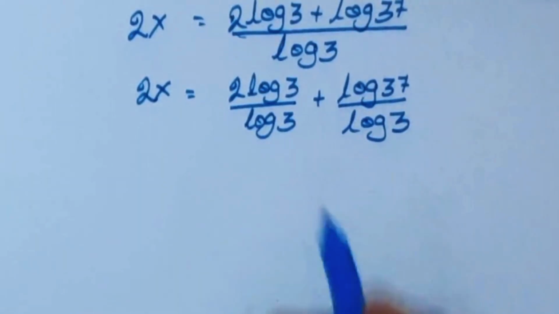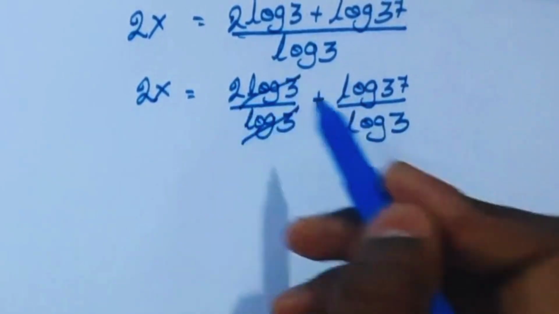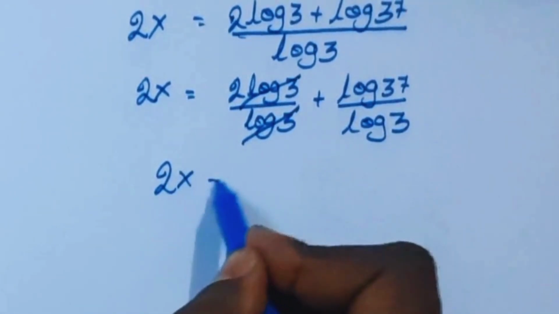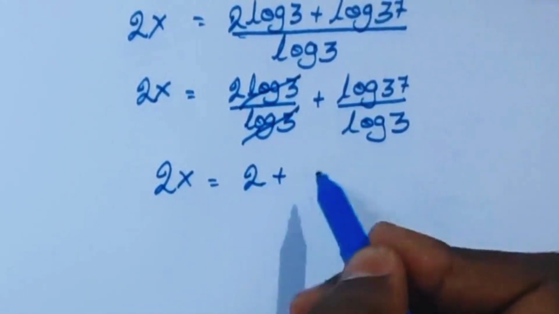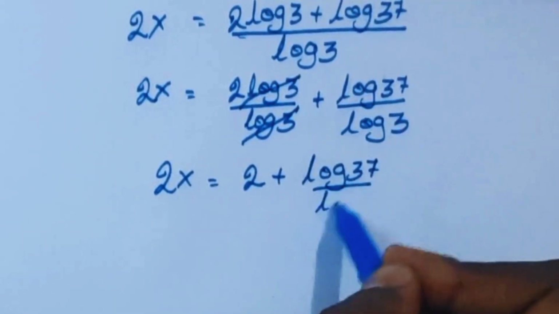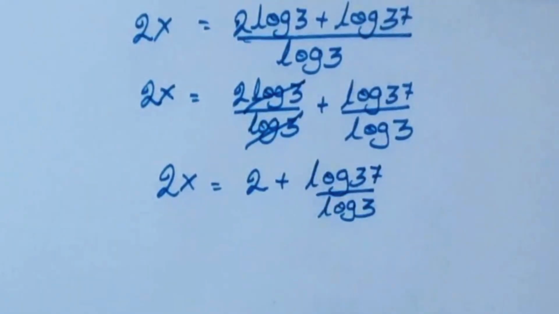Now this log 3 cancels this log 3. So we have 2x equal to 2 plus log 37 by log 3.